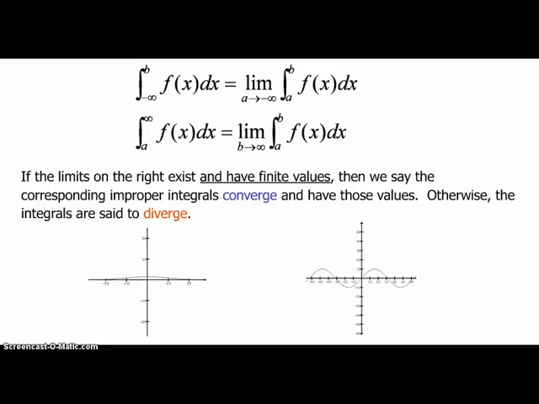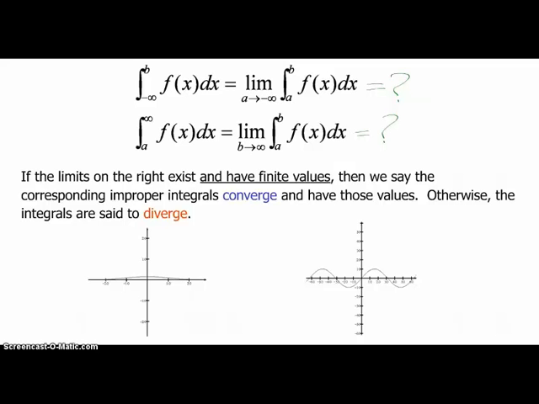Now, another big idea that comes with these improper integrals is an idea of what the result means. What's actually happening out here, because we are still accumulating area in the plane, just like we've always done with our definite integrals. But what does that mean? How can we use the idea of the result from these improper integrals?